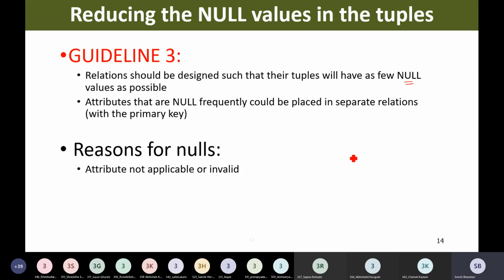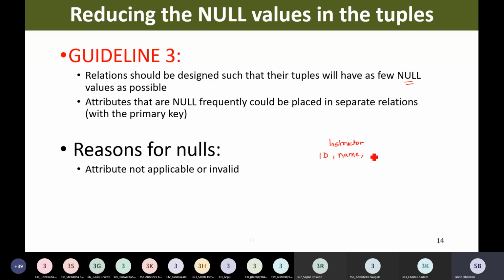What do we mean by that? Say for example, suppose I have a relation where we are storing the ID of the instructor, the name of the instructor and the address of the instructor, but the address is split into several subfields.